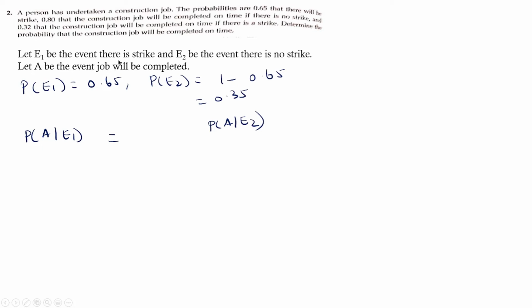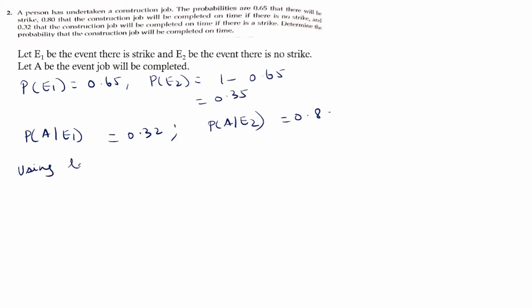Here it is given the probability that the construction job will be completed if there is a strike is 0.32. So probability of A given E1 is 0.32, and the construction job will be completed on time if there is no strike is 0.8. So probability of A given E2 is 0.8. So we have everything here.